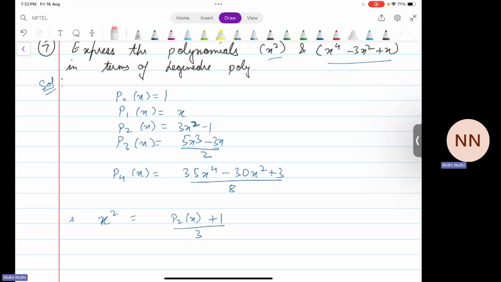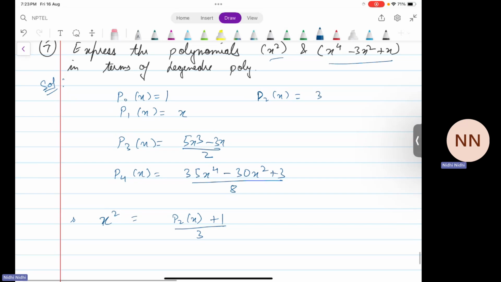This P2(x) is actually (3x square minus 1) by 2. So we need to multiply this P2(x) by 2 here. So this is our x square.